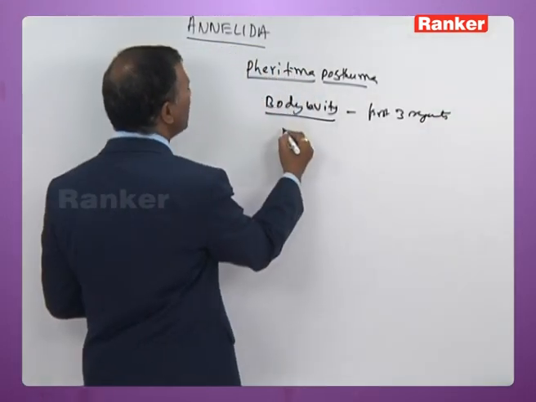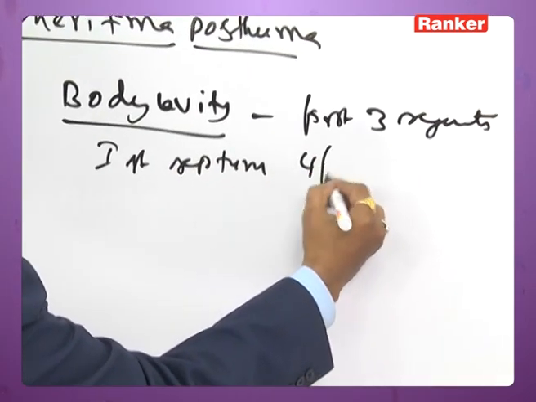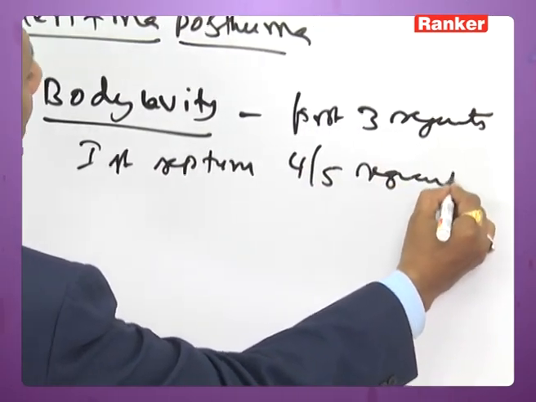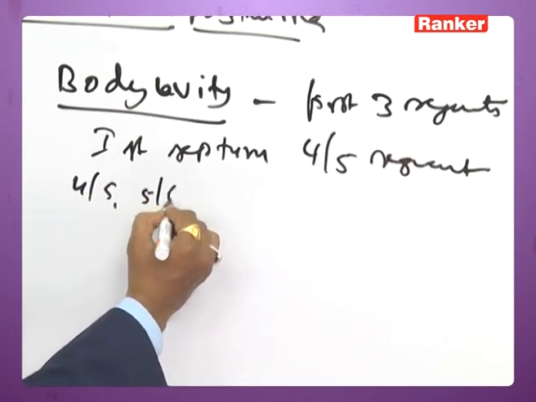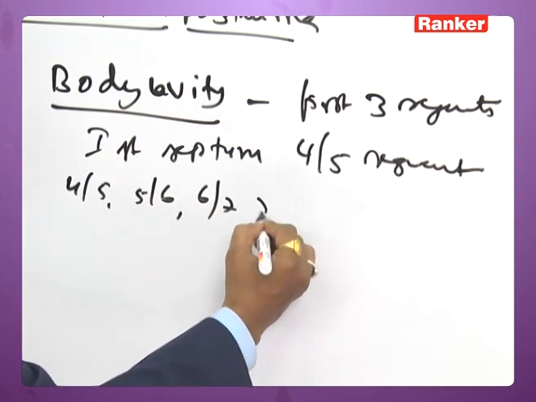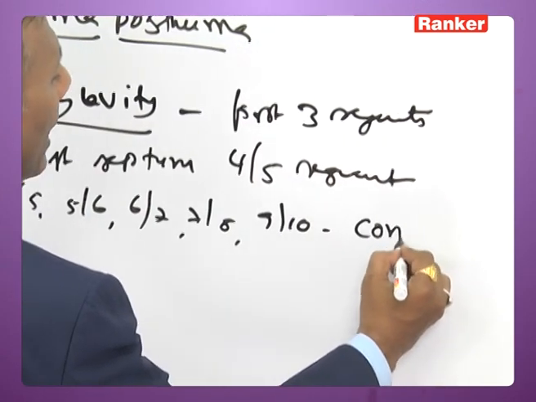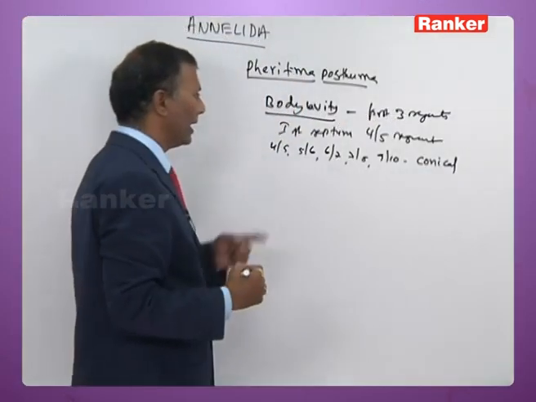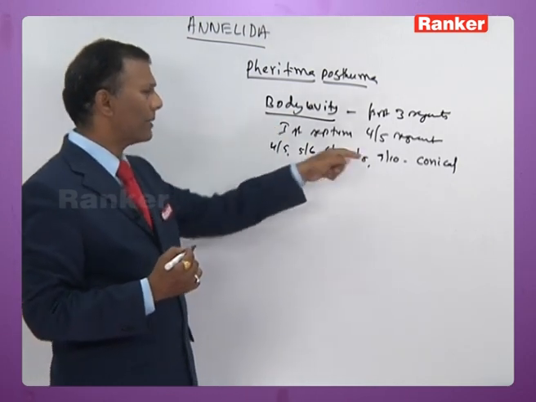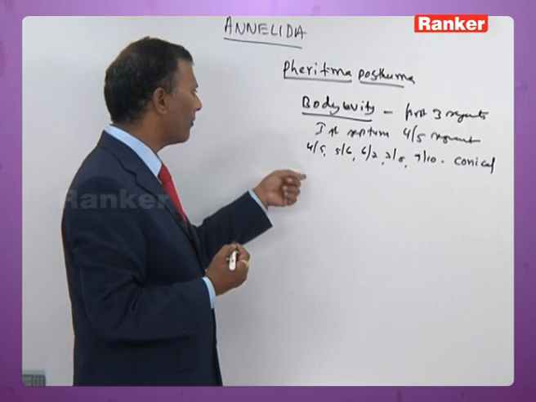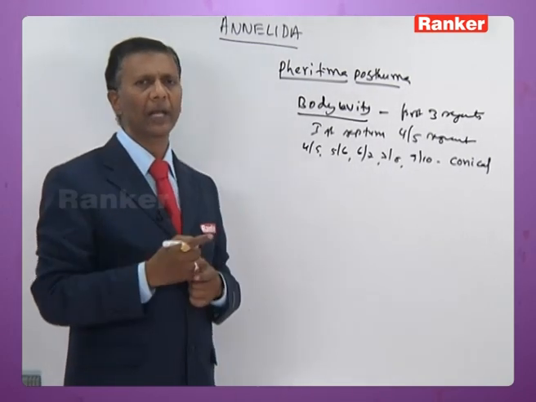The first septum lies between the 4th and 5th segment. Septa are absent in the first 3 segments and the 9th segment. Septa of 4/5, 5/6, 6/7, 7/8 and 8/9 are conical.